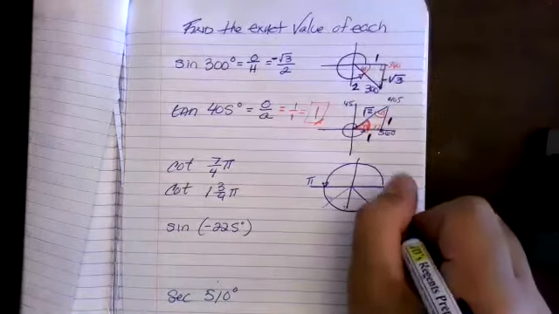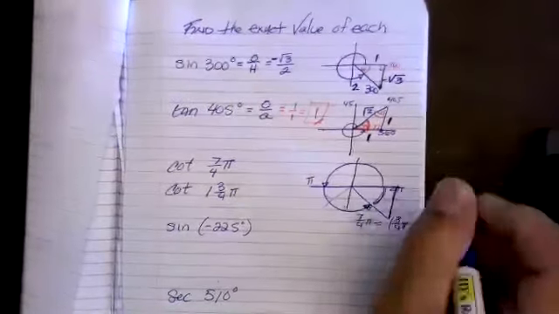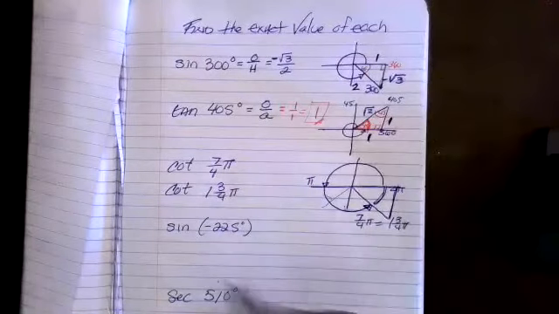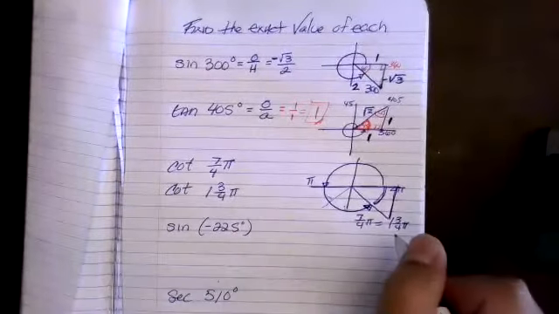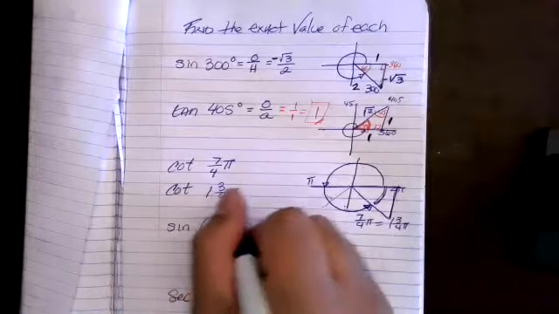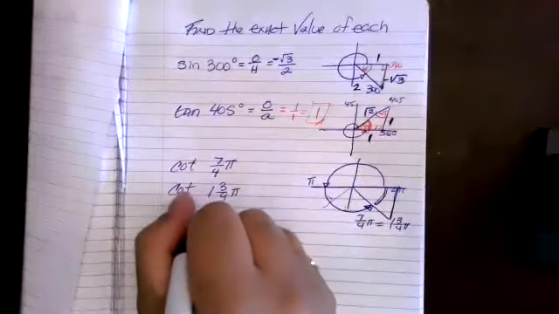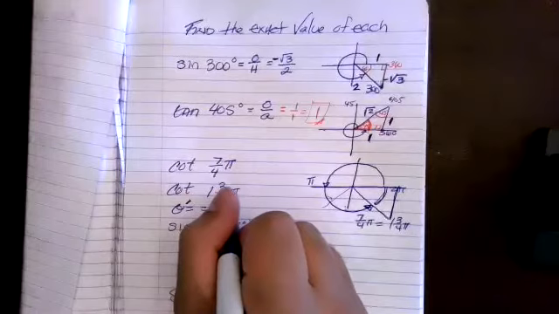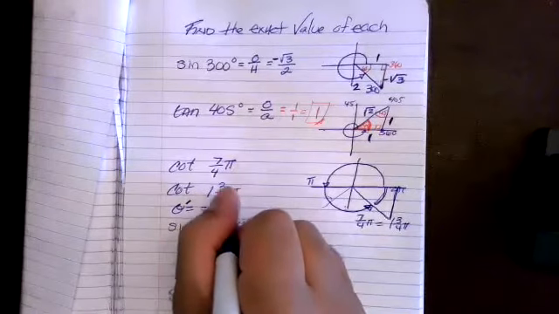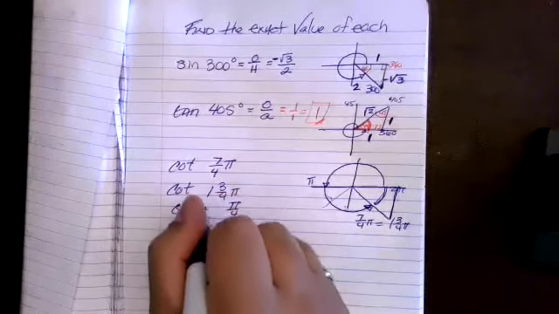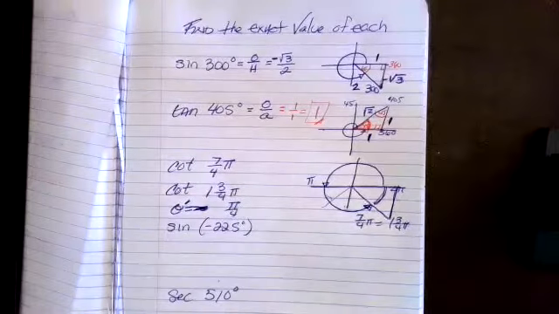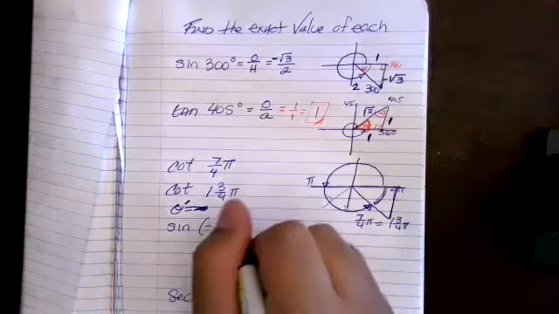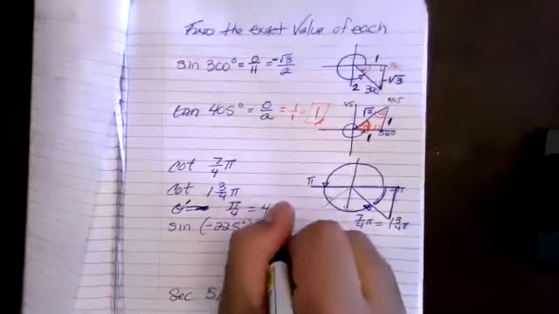And I know 2 pi is here. So my reference angle in this case, not the best, but is 1/4 pi. And 1/4 pi is 45 degrees.